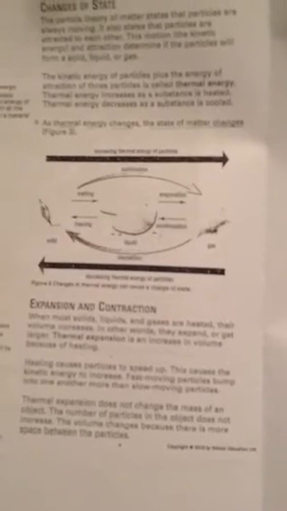When there is heat added to a substance, it will change states and its kinetic energy will increase. When heat is taken away, that state of matter will also change, and those particles slow down. So this is a good visual for you, and you should have picked up another one of those graphic organizers that will go in the next page of your journal.